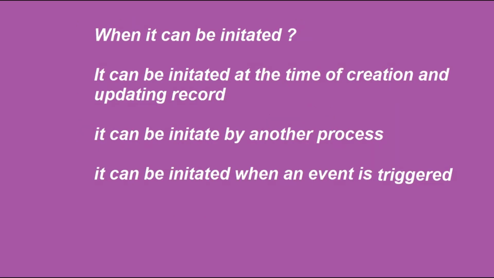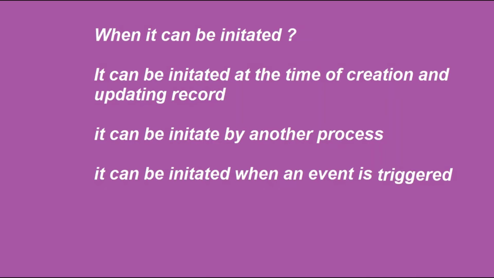There are actually four ways, or on a high level you can say three ways. So why did I say four ways? Because it can be started or triggered when you are creating a record, or when you are editing or updating a record.